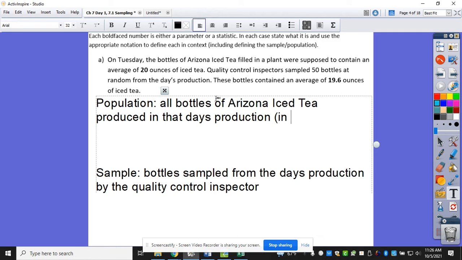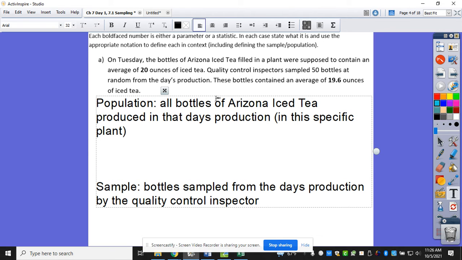I'd probably let that part slide because it only generally mentioned it. But technically they could have more than one plant, so we're only concerned with this one.